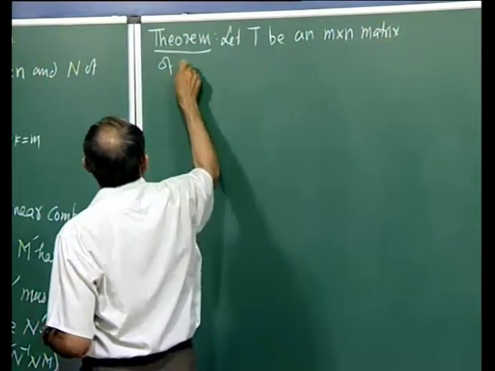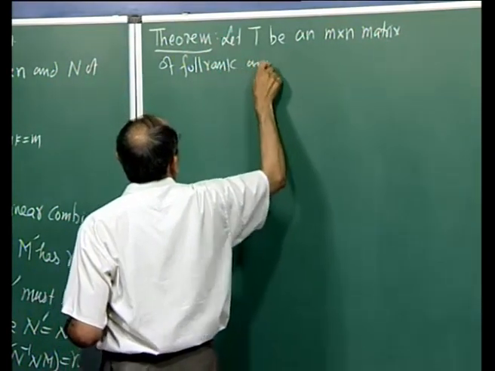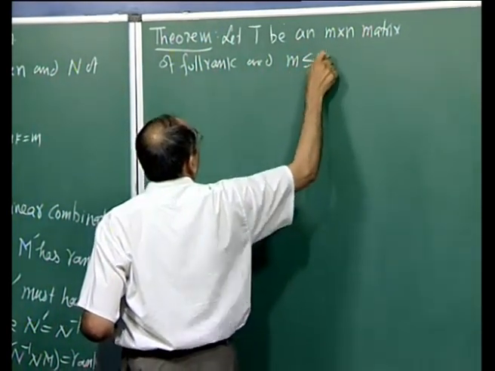Let T be an m cross n matrix of full rank and m is less than or equal to n.